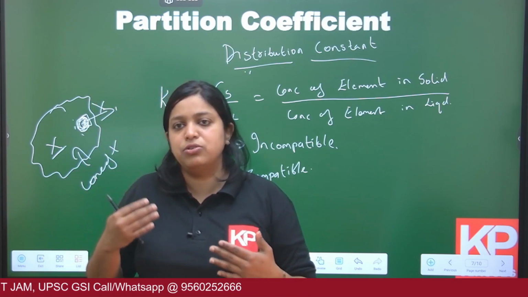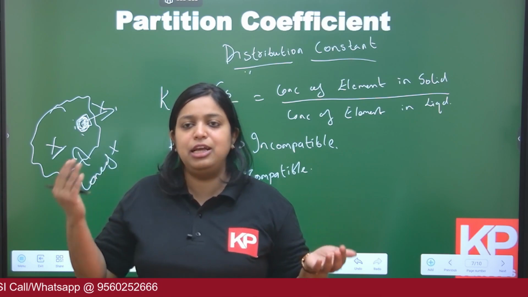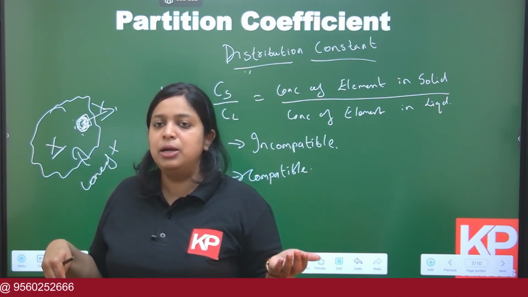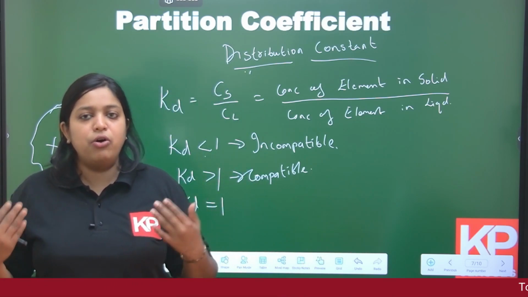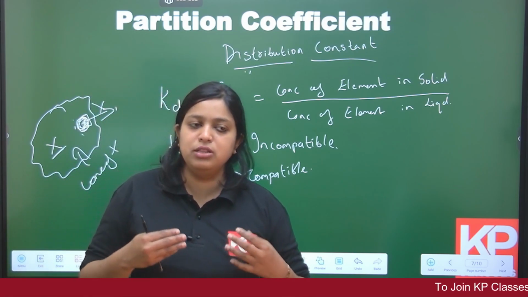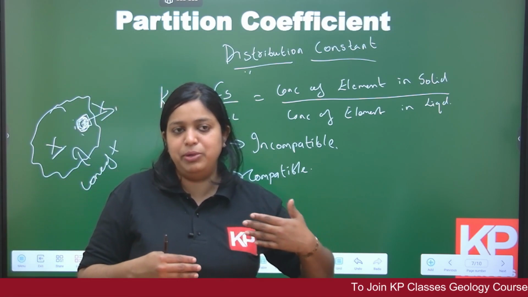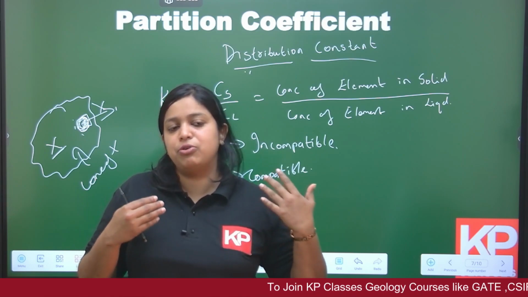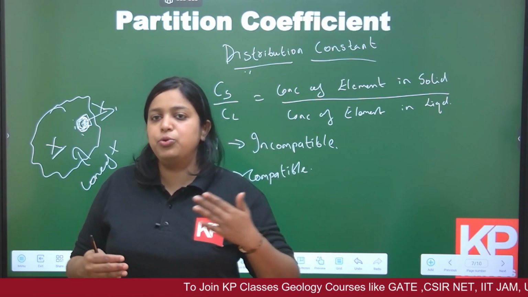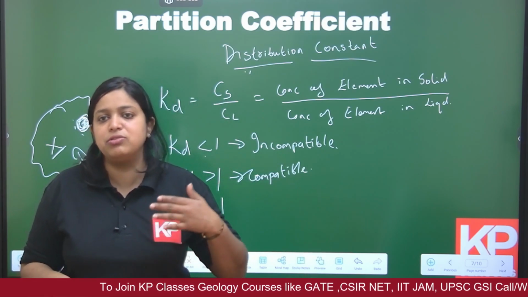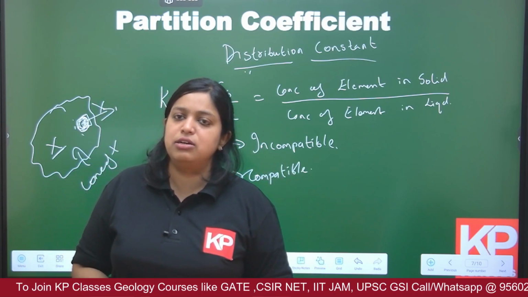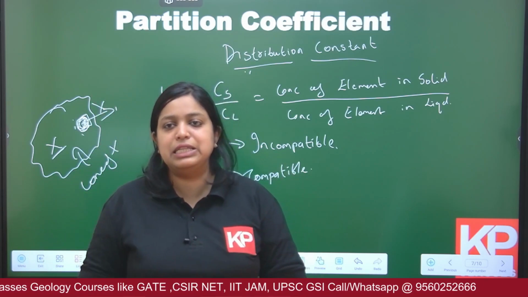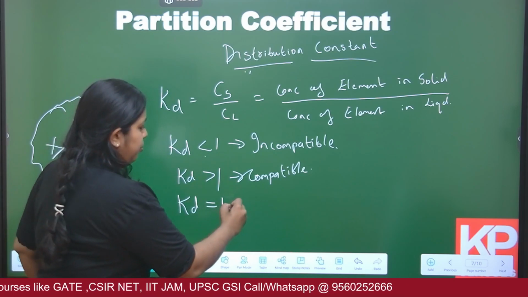Whatever percentage concentration went into the solid, an equal percentage was left behind in the melt during crystallization, or during melting. When the mineral was melting, the same amount of the element went to the melt phase, and the same concentration stayed in the solid phase. That means it is neither compatible nor incompatible.